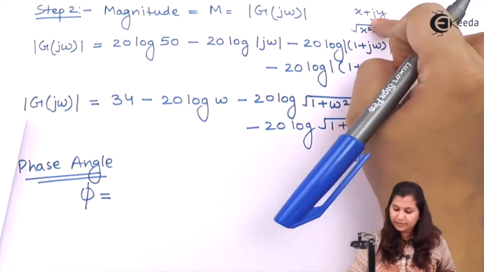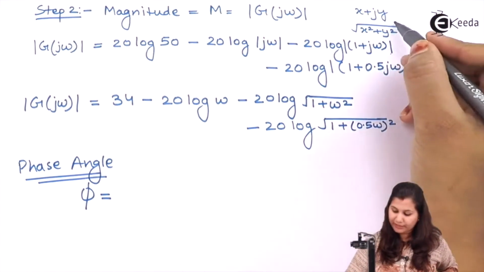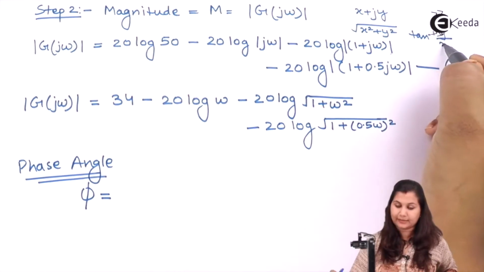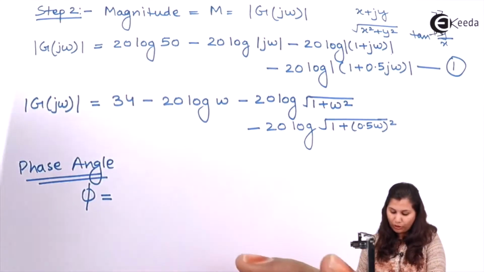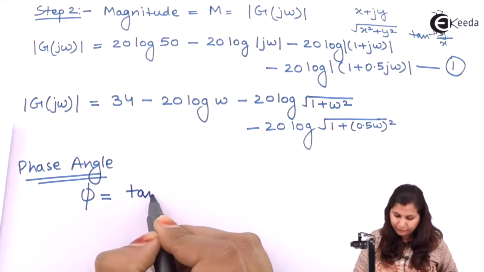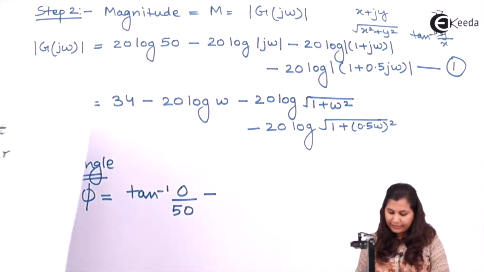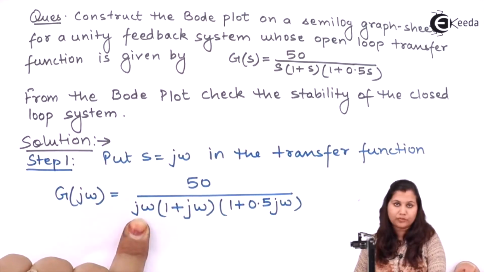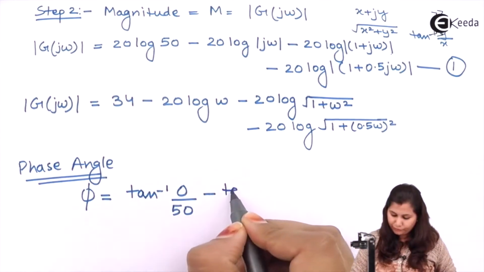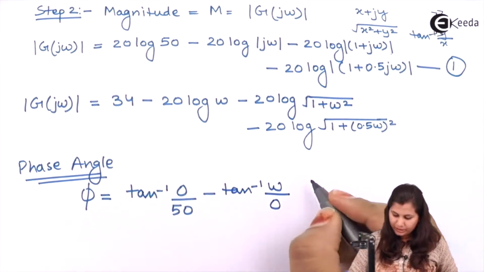For x plus jy, the phase angle will be tan inverse of y by x. So for the constant term 50, we have phase angle tan inverse of 0 upon 50. Then for the j omega term, we will have minus tan inverse of omega upon 0.